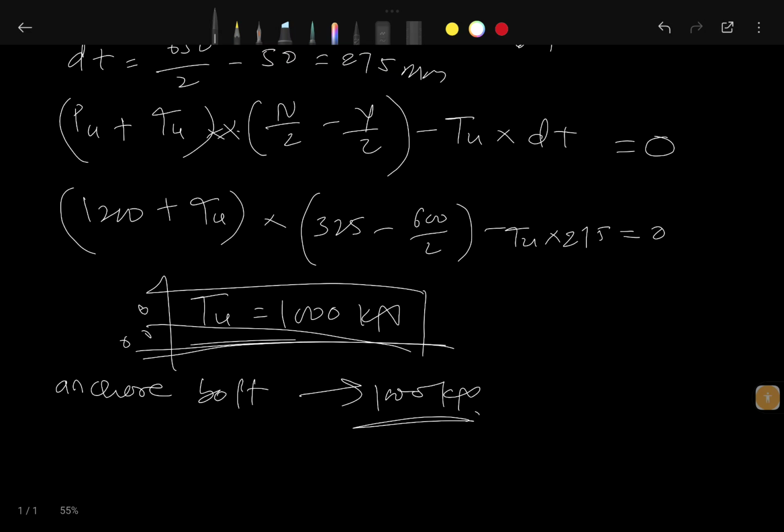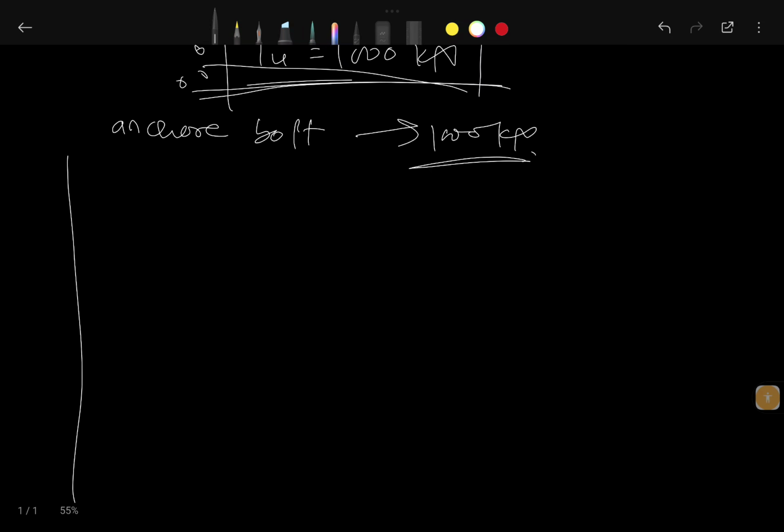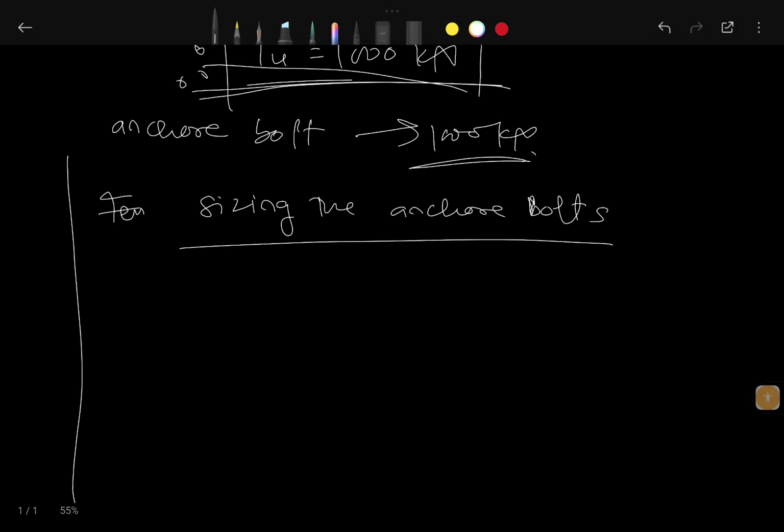Now sizing the anchor bolts. How do we calculate the sizing? Let's provide 4 anchor bolts, 2 on the tension side.